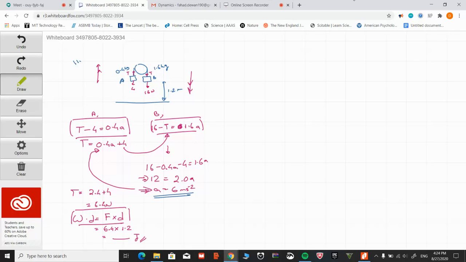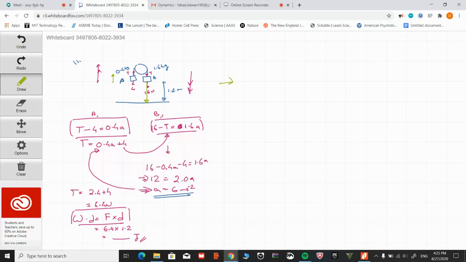When particle B hits the ground, by then particle A will have also moved up by 1.2 meters, because if particle B goes down 1.2 meters, simultaneously particle A will go up by 1.2 meters as well.